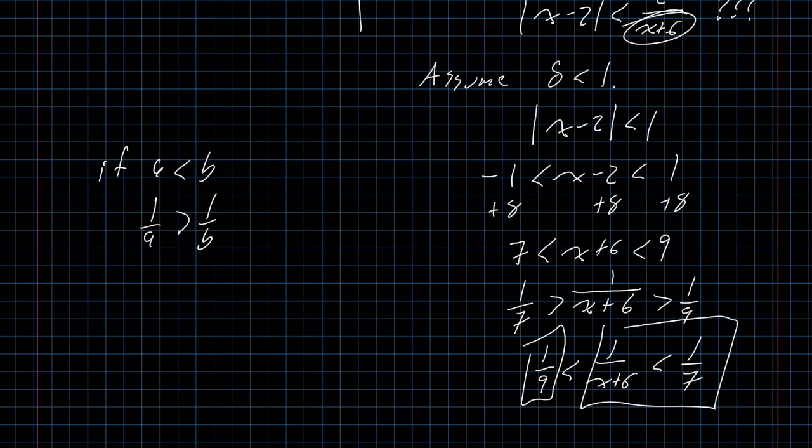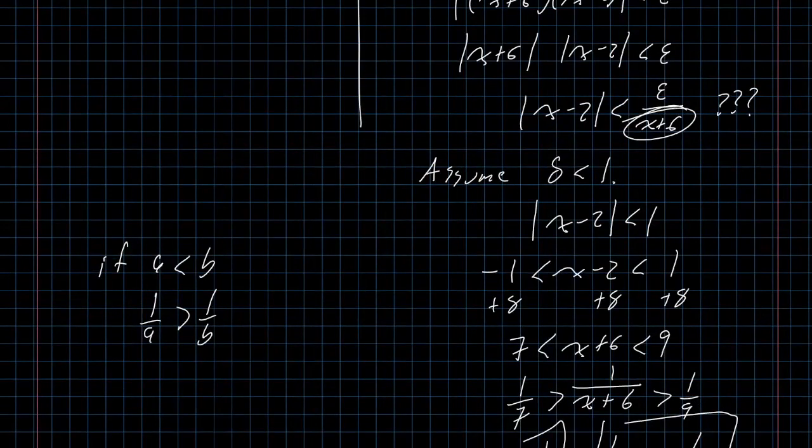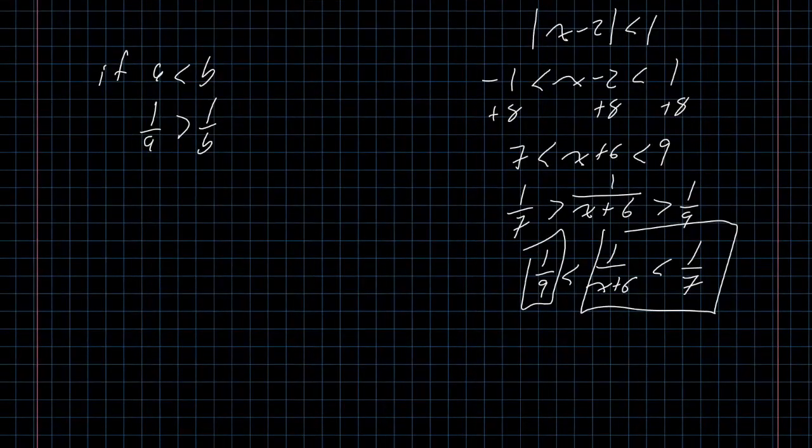So after the scratch work, I can go back to what I had just off the top of the screen here. Absolute value of x minus 2 is less than epsilon over x plus 6.